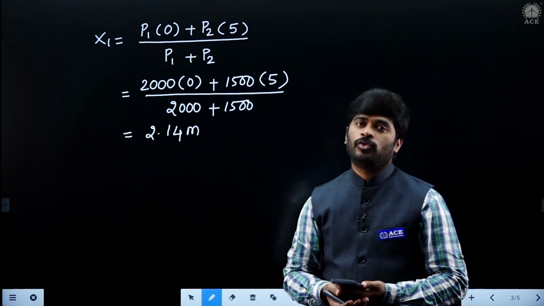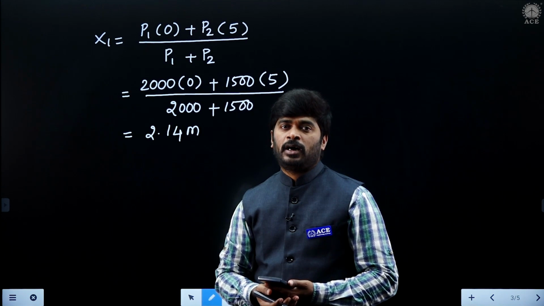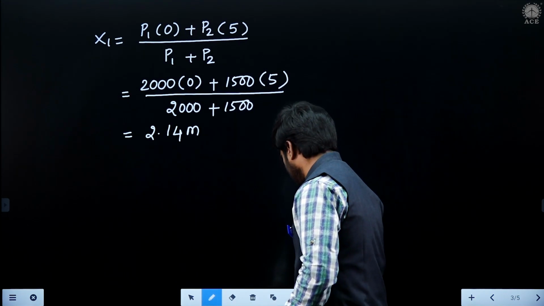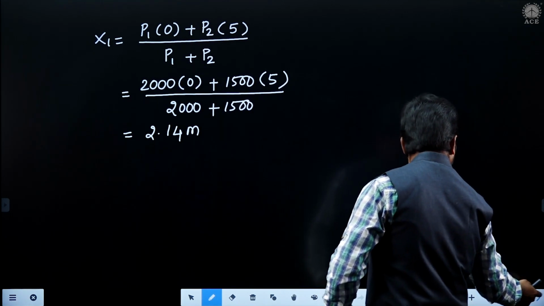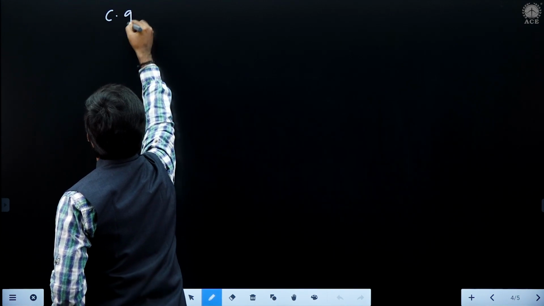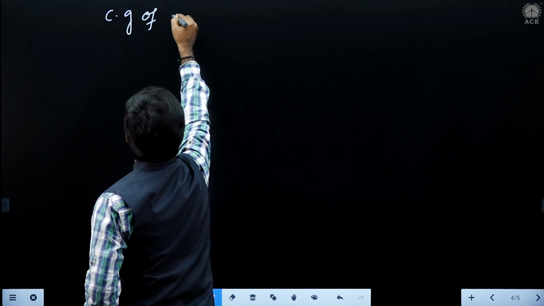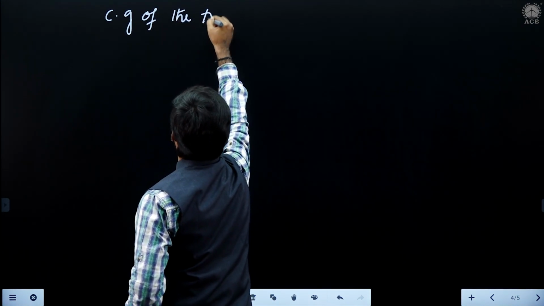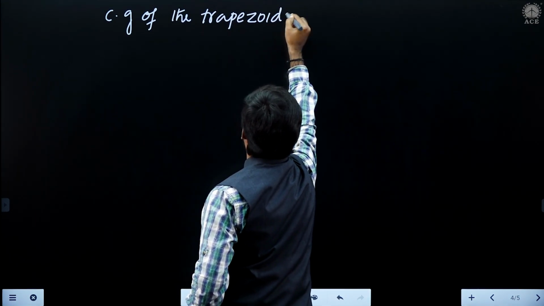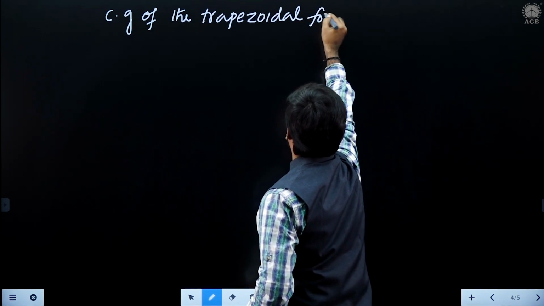Now we have to find out CG of the trapezoidal footing.